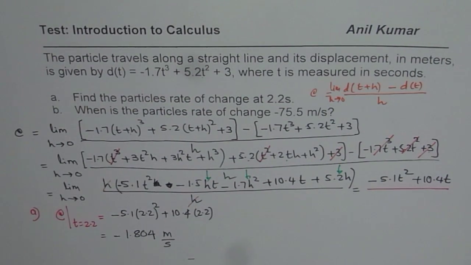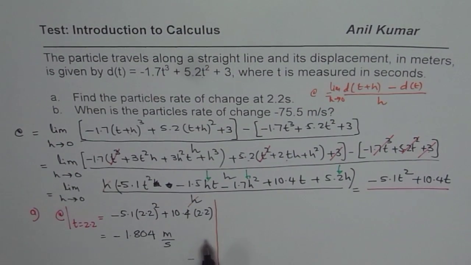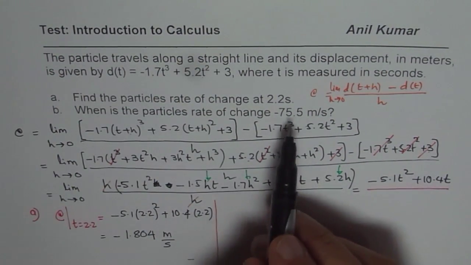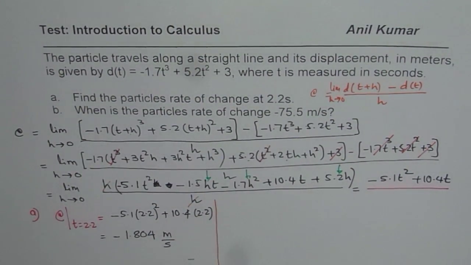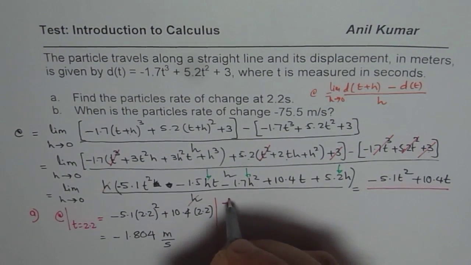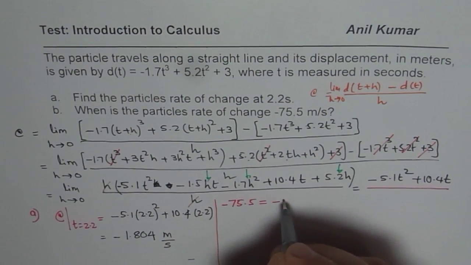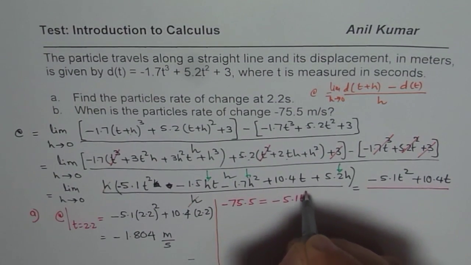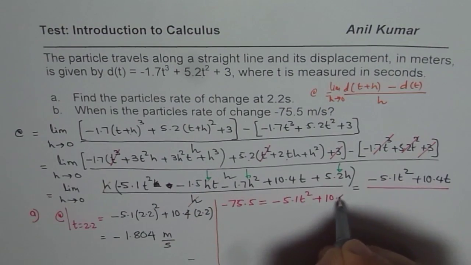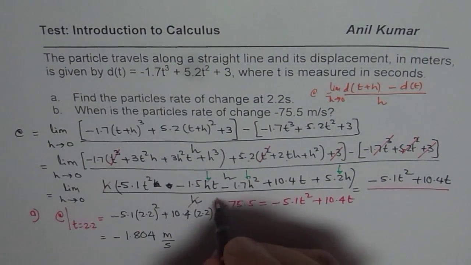So that is the answer for part A. Now for part B, we have to find t when the instantaneous rate of change is minus 75.5. So here we'll write the same equation as equal to minus 75.5 equals this equation, which is minus 5.1 t square plus 10.4 t. Do you get the idea? So that is how we are going to solve for part B.